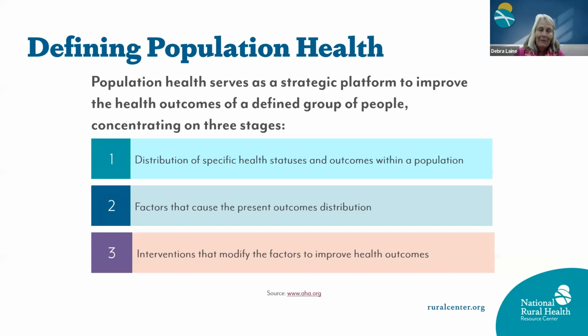And then for me, the most exciting and energizing part is to say, okay, if this is the status of the people in our community, and if this is what's causing it, what can we do to intervene and make a difference in it? And that's when we start moving into that whole realm of community care coordination and pulling partners in to make that difference.